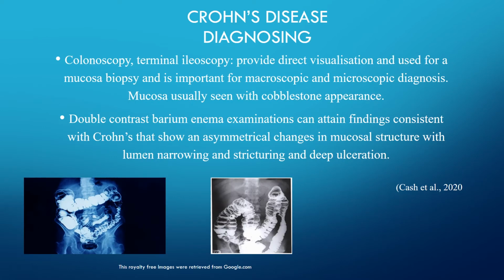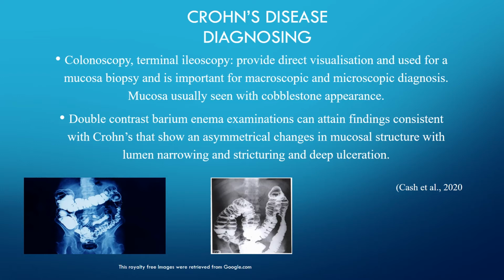For the imaging, colonoscopy and terminal ileoscopy provide direct visualization and are used for a mucosa biopsy, and are important for macroscopic and microscopic diagnosis. Mucosa is usually seen with a cobblestone appearance in these cases for colonoscopy.